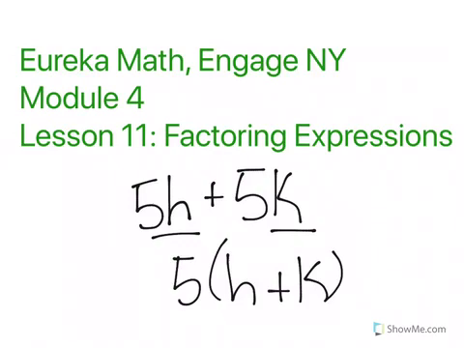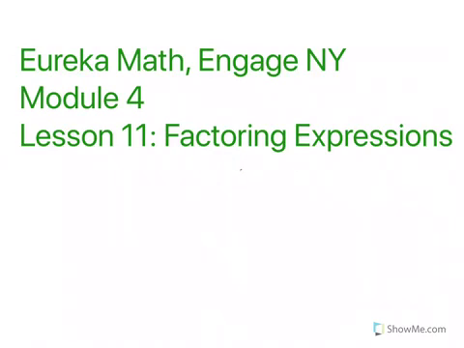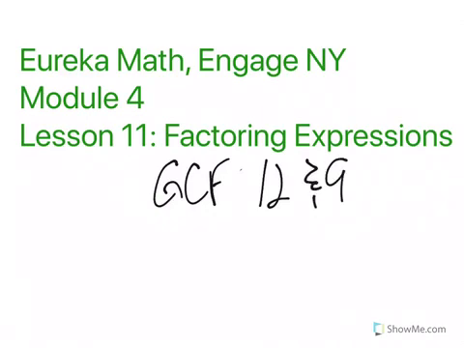So that is the distributive property. Now, for greatest common factor, just as a quick review, if we're going to find the greatest common factor of, let's say, 12 and 9, we're going to look at 9 and 12 and write the factors. The factors of 9 would be 1, 3, and 9.